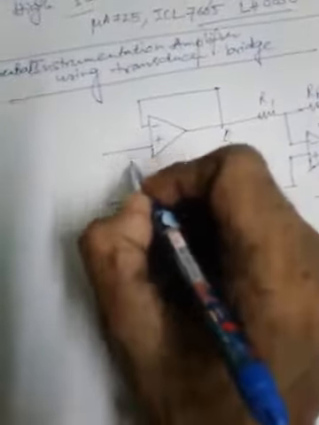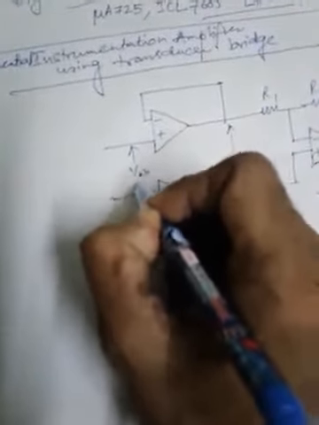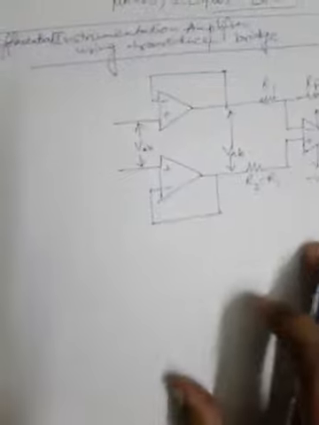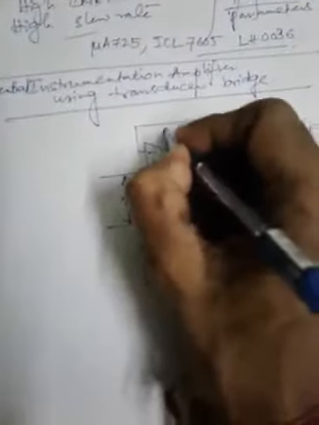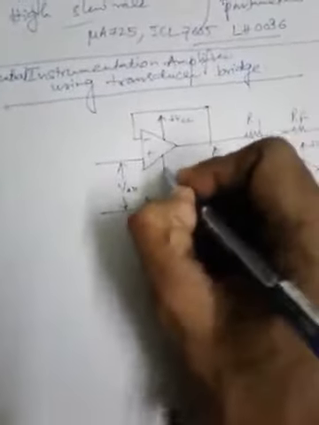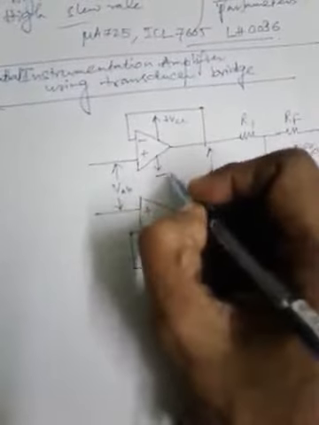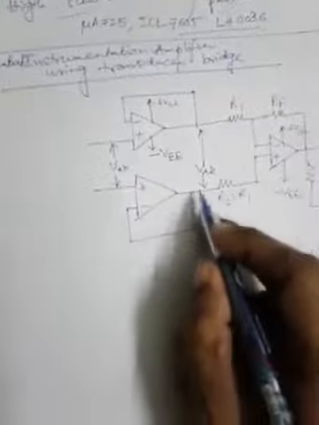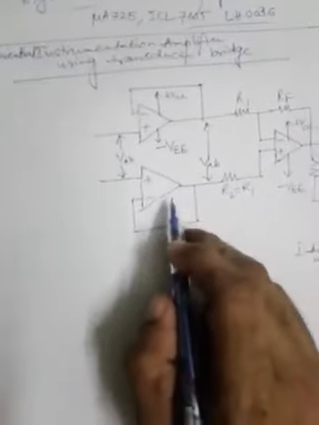The voltage between these two op amps is given by VAB at its output, and at its input it is also VAB. The difference voltage is same for both the op amps for the first stage, and it is because there is no feedback resistance connected, and these two op amps are working as voltage follower.